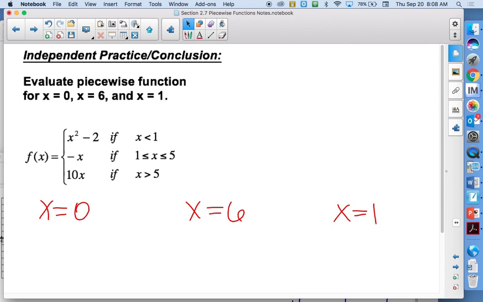Remember, you're choosing the piece first. So pick the correct piece based off of which domain that x value relates with. What domain does it match to? So your x value has to match in the domain, and then you pick its corresponding piece.